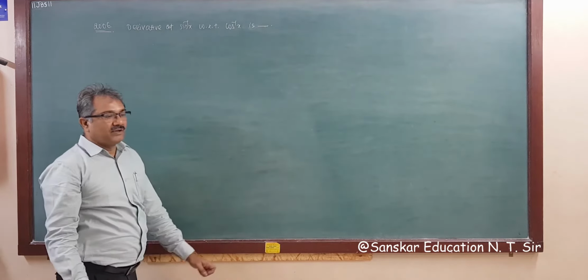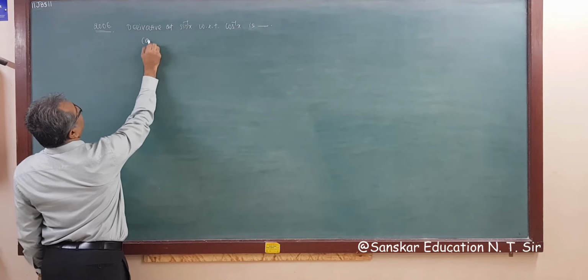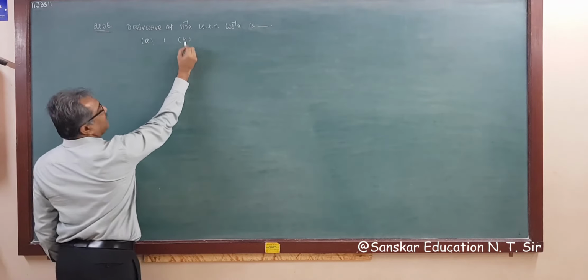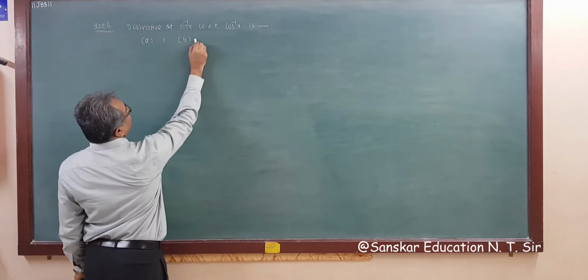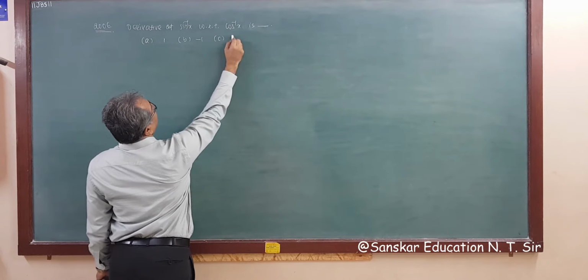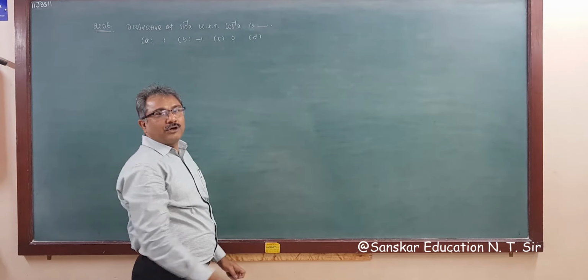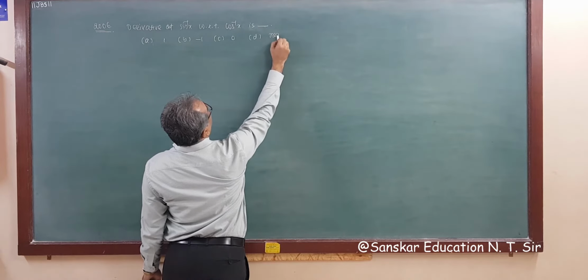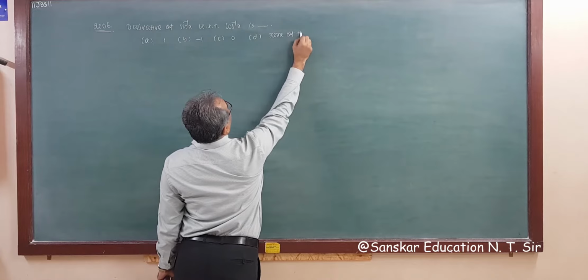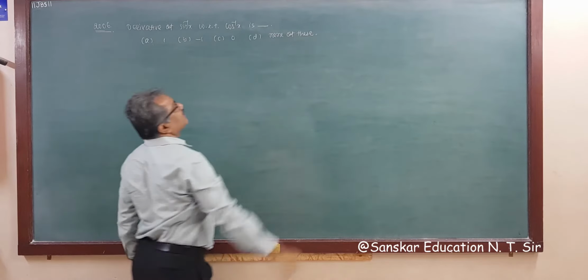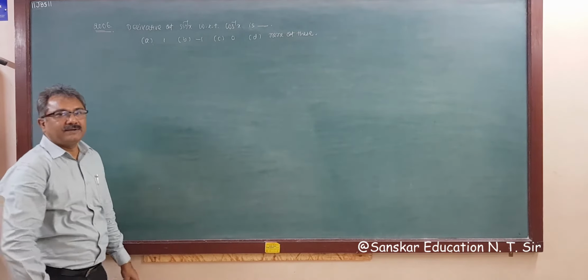This is your question, right? And the options are given: A is 1, B is -1, C is 0, and D is none of these.